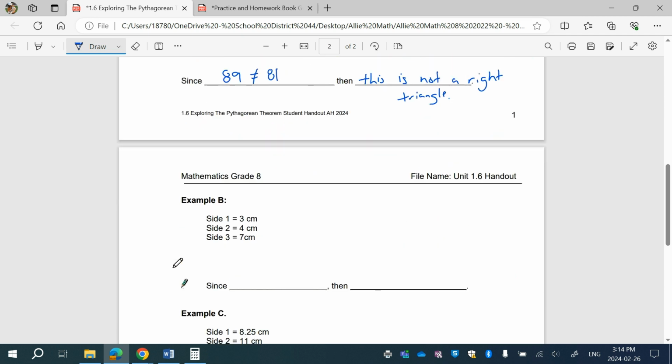So we got a side that's 3, a side that's 4, and a side that's 7. Does 3 squared plus 4 squared equal 7 squared? Is that true? 3 squared is 9, and 4 squared is 16. Does that equal 7 squared, which is 49?